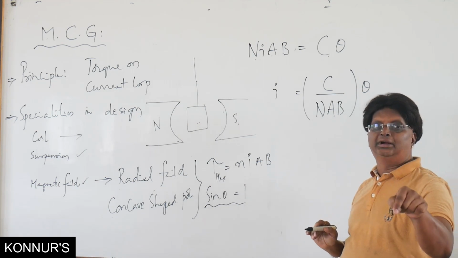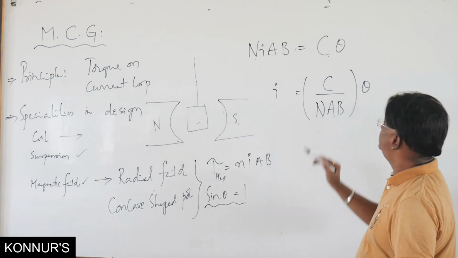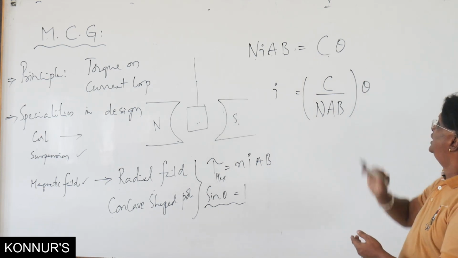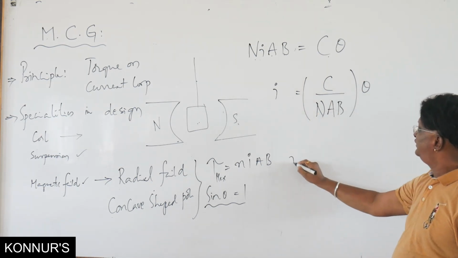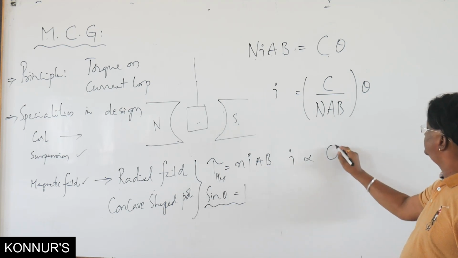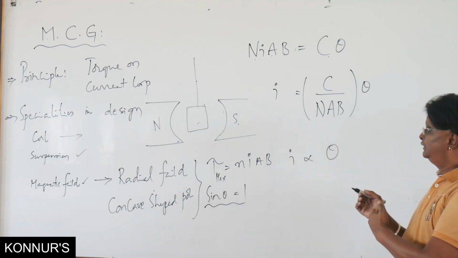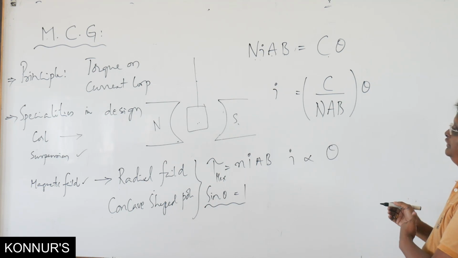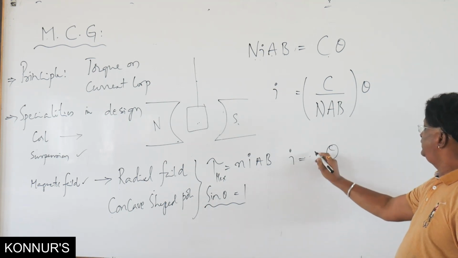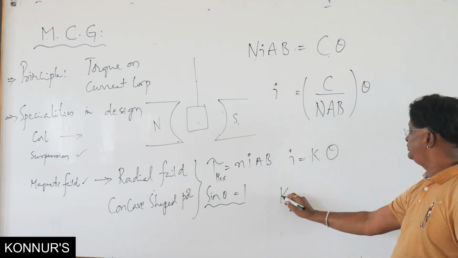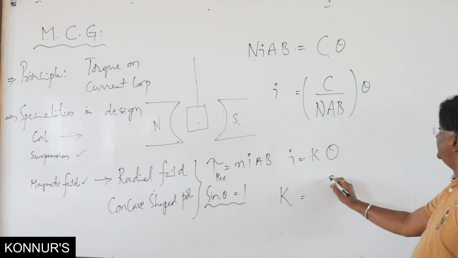Now in the equilibrium, action reaction equal will make NIAB is equal to C theta. This I is equal to, we have given this expression. So I is proportional to theta, I is equal to K theta, the principle of moving coil galvanometer. Here you see, if I write I is equal to K theta, K the galvanometer constant is C by NAB.